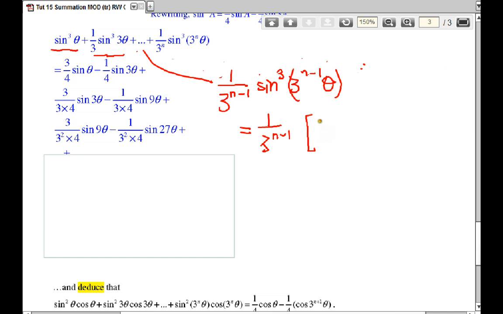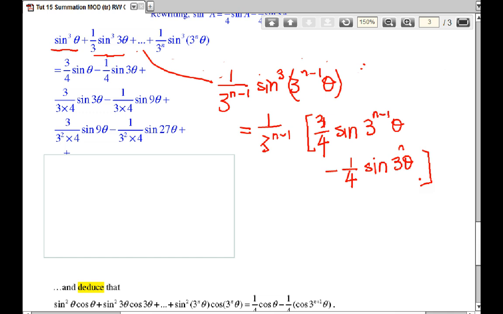Then you will get, sorry, should be 3/4 sine 3 n minus 1 theta minus 1/4 sine 3 n theta, sorry.